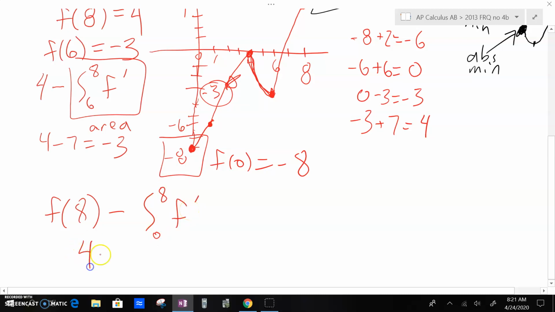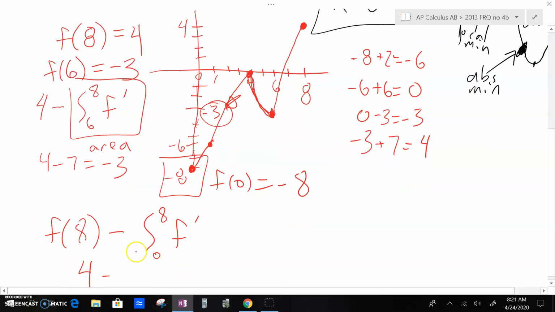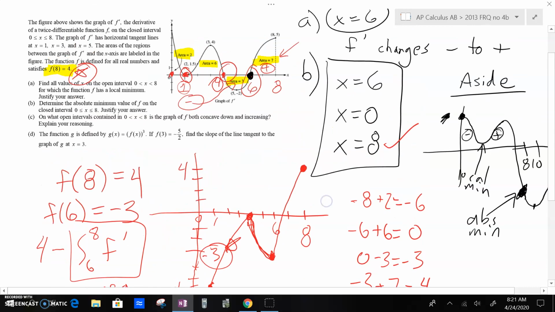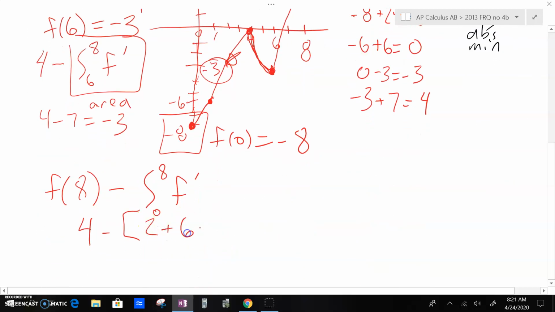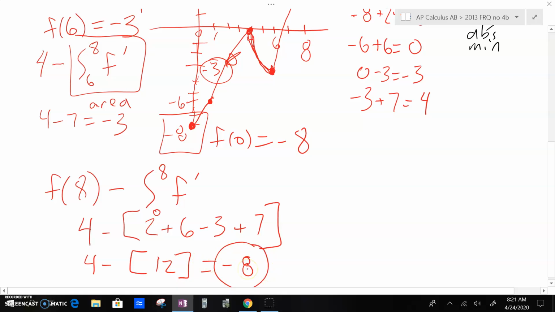Subtracting away the integral, that means I'm subtracting away 2, 6, -3, and 7. That's the integral, and you don't need to actually perform an integration or do a numeric analysis. So that's 4 minus, 8, that's a 5, that's 12, so 4 minus 12, and sure enough, that's that -8 that we got to graphically.